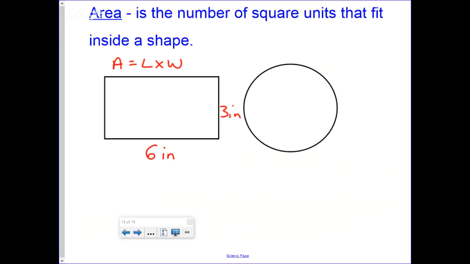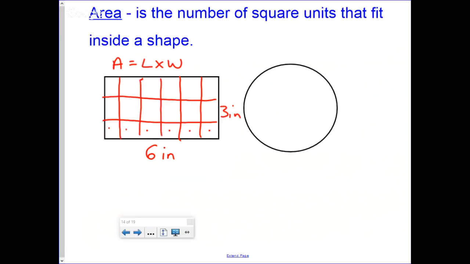All right, 1, 2, 3, 4, 5, 6. And then we have 3 this way. Now you can see that there are 6 units going across, and 3 units going up the side.